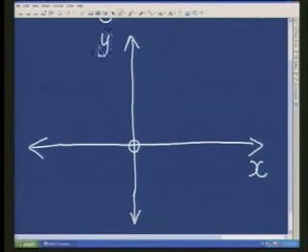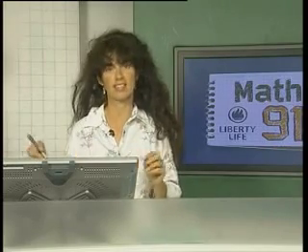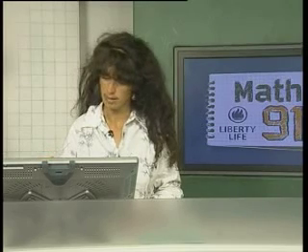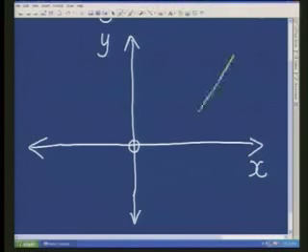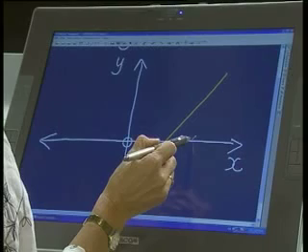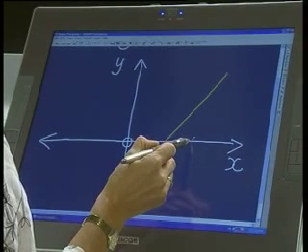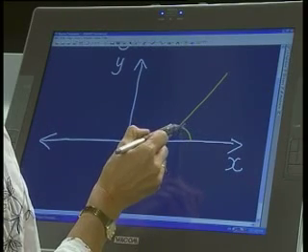So, find the gradient of the line that makes an angle with the positive direction of the x-axis. Now we have a line, right? Let's say the line was over here, then the angle they're referring to is this angle that goes from the positive direction of the x-axis all the way to the line.